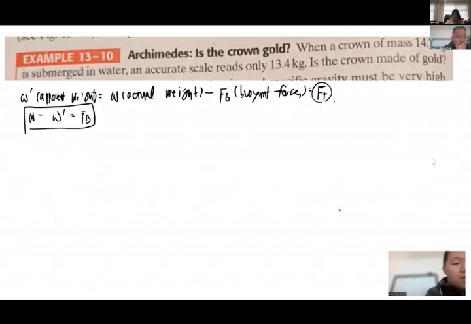Now this actual weight is mass times the gravitational constant g. So this should be mg, which is rho naught times volume V times g. That is mass.